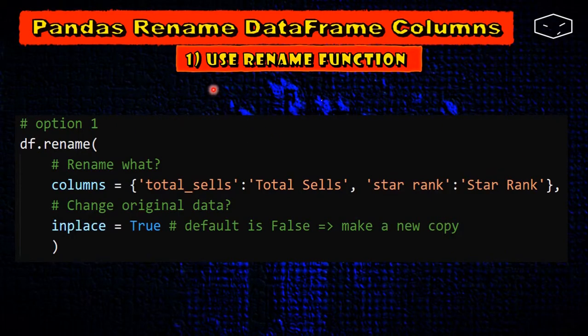Just to review, the option 1 was using the rename function and we needed to pass the columns parameter where we pass here a dictionary with the old names as the key and the new names as the value, okay? Also we choose to say that inplace is equal to True because we don't want to make a new data frame, okay?